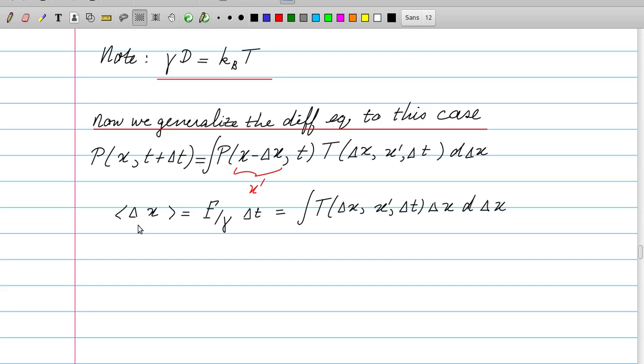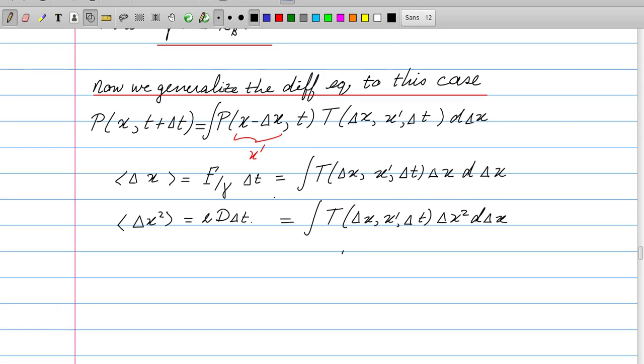The diffusion contribution averages out because the diffusion doesn't have a preferred direction, so the linear term in x doesn't have any contribution, and the force gives an average velocity of f over gamma as we have just seen, and we multiply that by delta t in order to find the displacement. So that's the first moment of the transition probability. It's the average displacement of the particle during a time delta t.